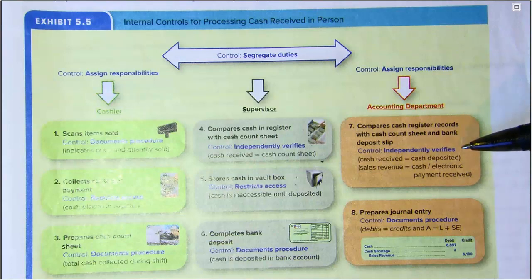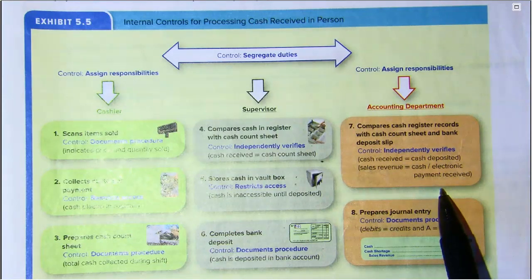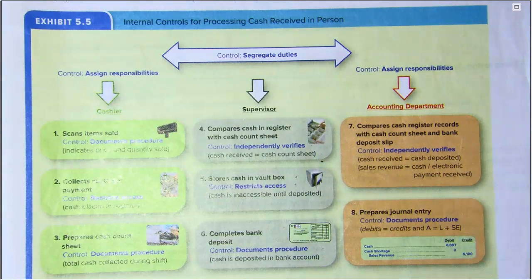So again, we have checking on another's work, independently verified, and that the sales revenue equals the cash plus any electronic payments received. Notice that the accounting department never handles the cash because you want to separate out asset custody or access, which means access to the cash, from the record keeping.